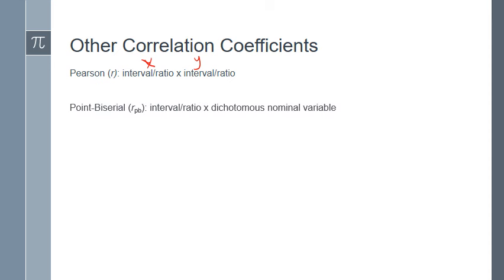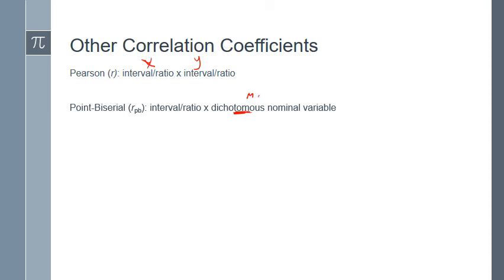There's another called a point biserial correlation coefficient, and that's when you have an interval ratio and a dichotomous nominal variable. For those of you who don't know what dichotomous means, it means only two choices, a dichotomy. So an example might be gender and test scores. Gender is a dichotomous nominal variable, in most places.